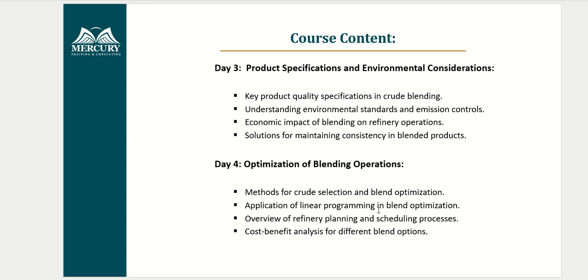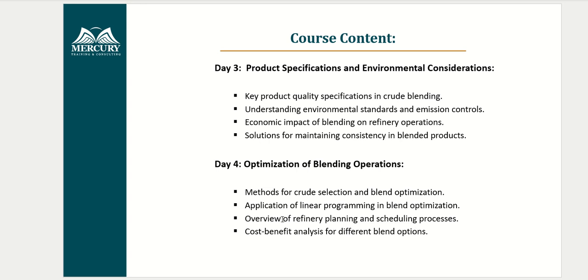In blending, linear programming basically uses different stored parameters, and it tries to blend the product. So x1 plus x2 is equal to x3, right? You have to vary x1 and x2 so that you can get an optimum x3. These kinds of LP programs are automated through computers and artificial intelligence.